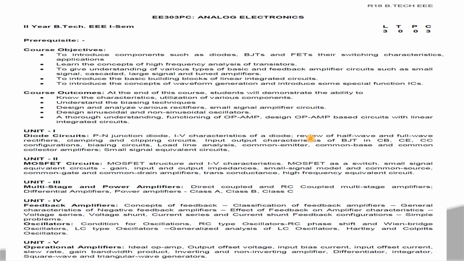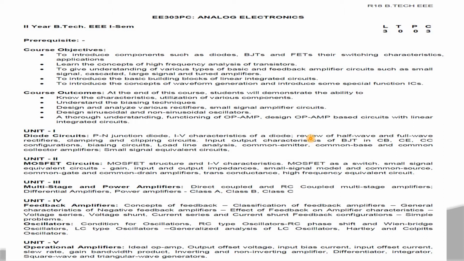In these diode circuits, we discuss what a diode is and what the different materials are, depending upon the conductivity property of the materials, how we classify them: conductor, insulator, and semiconductor. Then how the diode is defined, and its current and voltage characteristics.